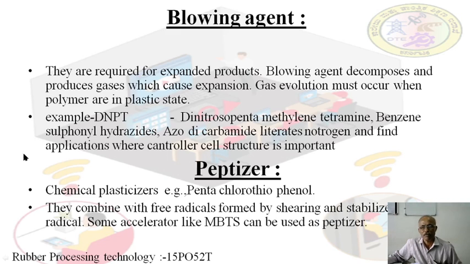So examples of blowing agent: DNPT, that means dinitroso pentamethylene tetramine. Next example, benzene sulfonyl hydrazide. Third example is azodicarbonamide, which releases nitrogen and finds application where controlled cell structure is important.